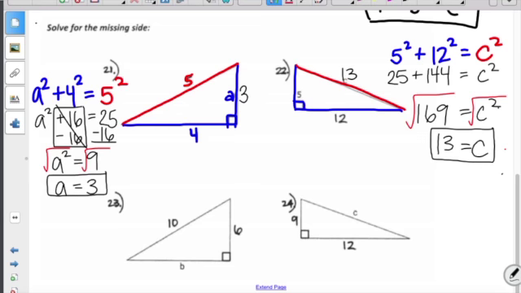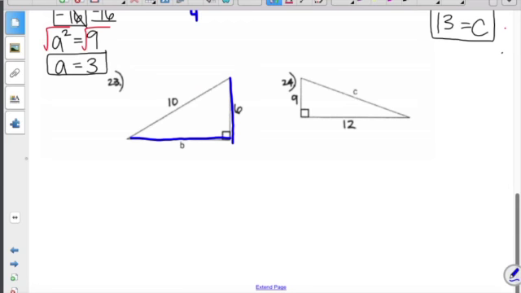Okay, number 23. The two sides that make up our 90-degree angle are our legs, which are b and 6. So we have 6 squared plus b squared equals our hypotenuse of 10 squared.